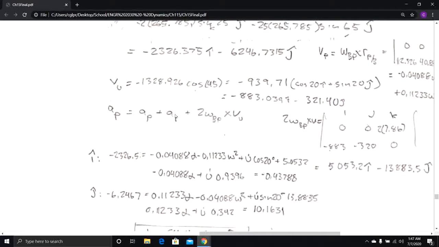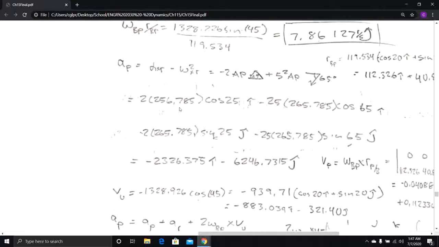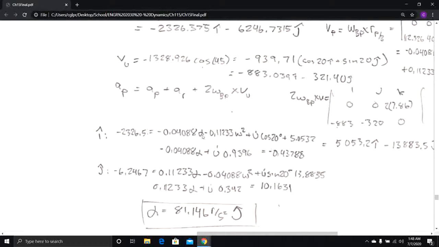The relative acceleration is found by doing another cross product, similar to what I did here, but this time r is P relative to B, and that gives me these alphas as well as omegas.